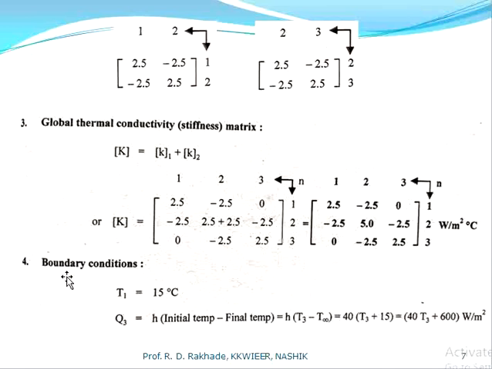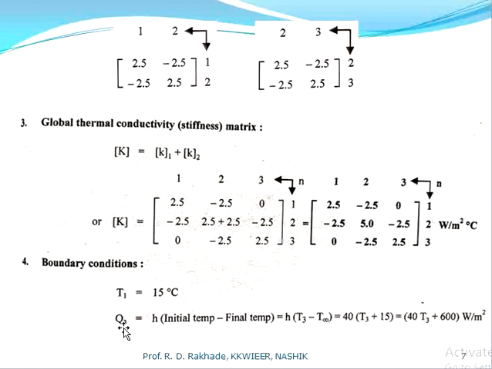After that we apply boundary conditions. So we have two boundary conditions. We know that the temperature at the inner part, at node 1, is equal to 15 degrees. Then the heat flux at node 3 is h times the temperature difference.